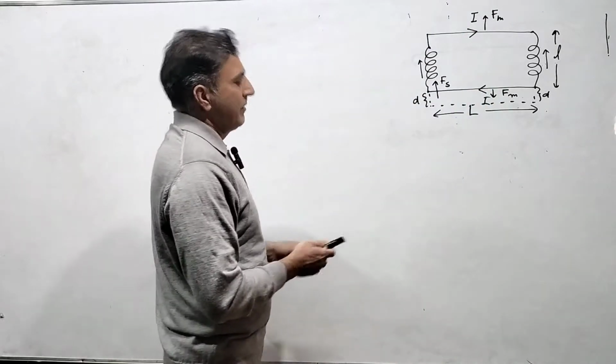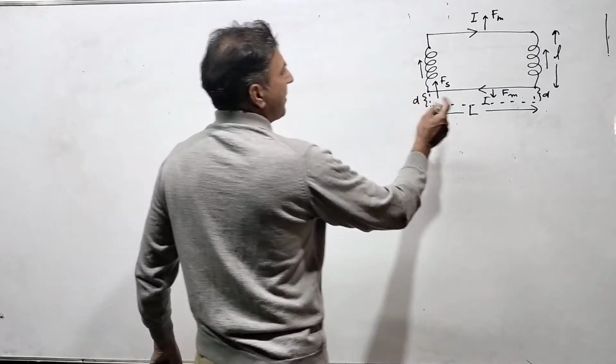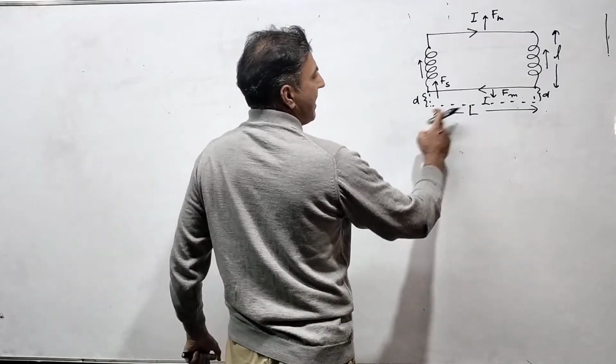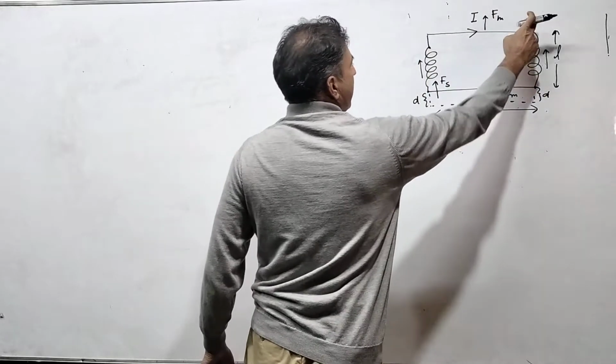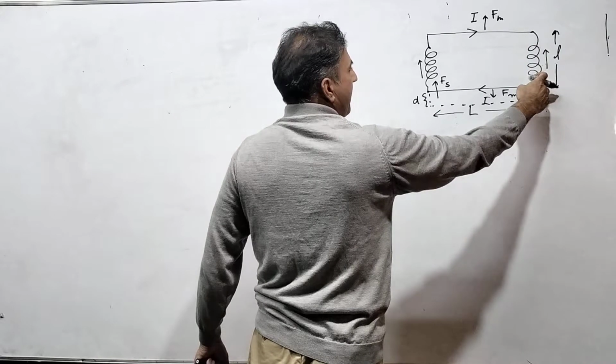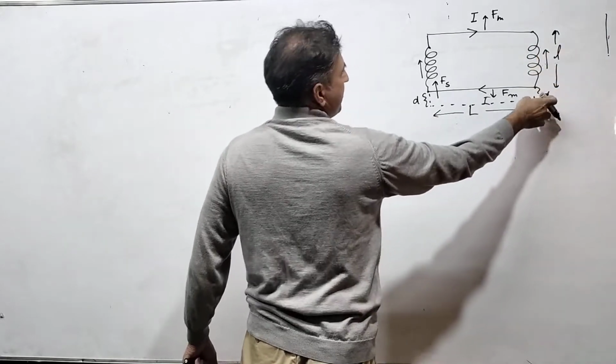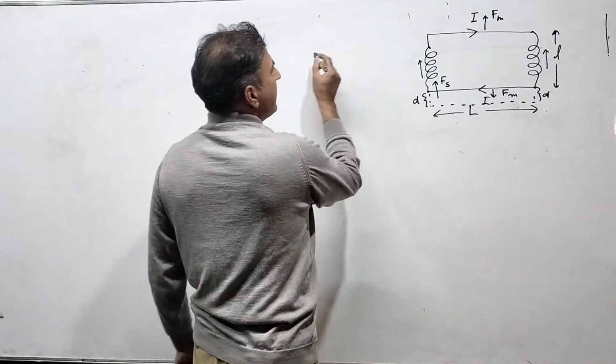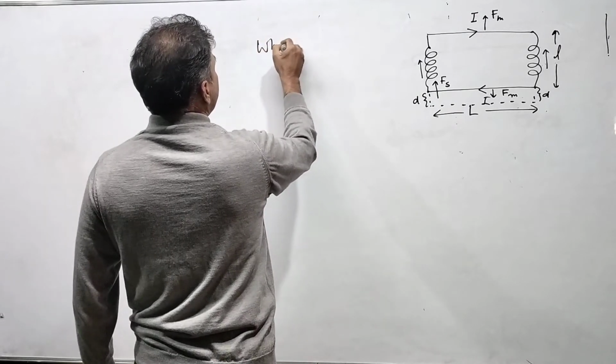What we have to find? Given these parameters, the length of the wire is L, the relaxed length of the spring is L, and the stretch is D under this force. What is the spring constant?